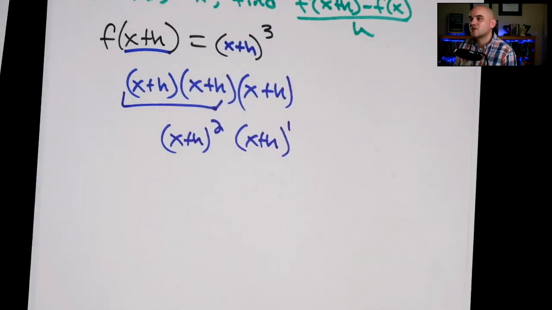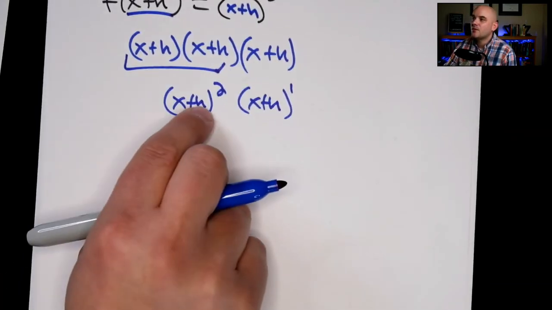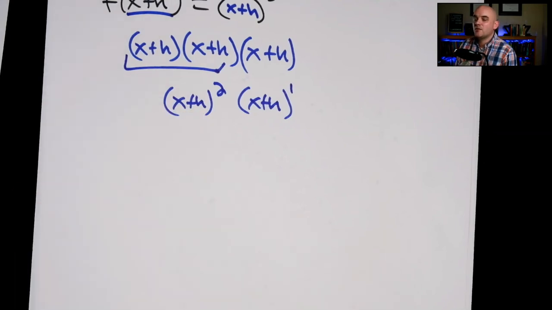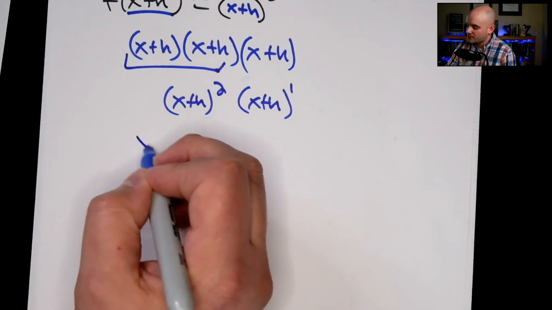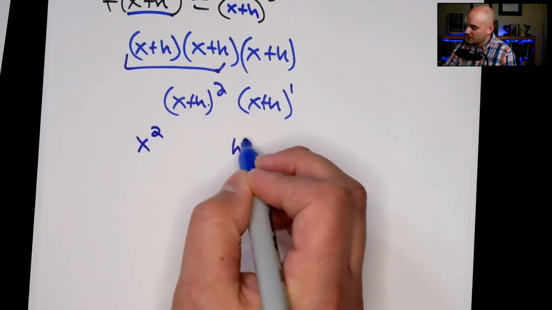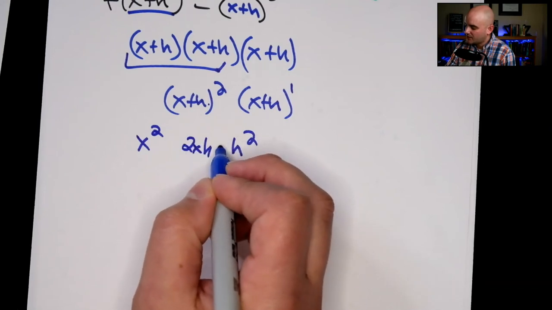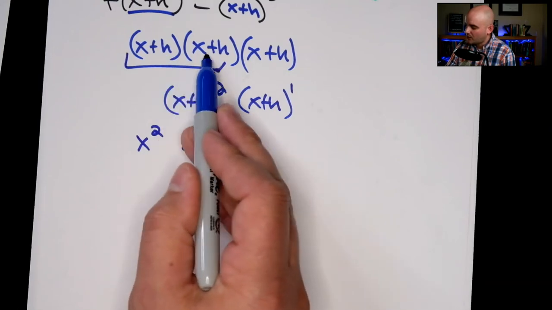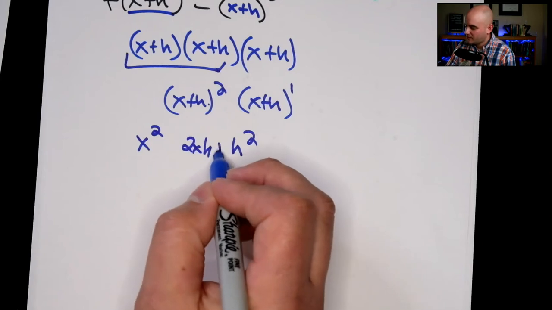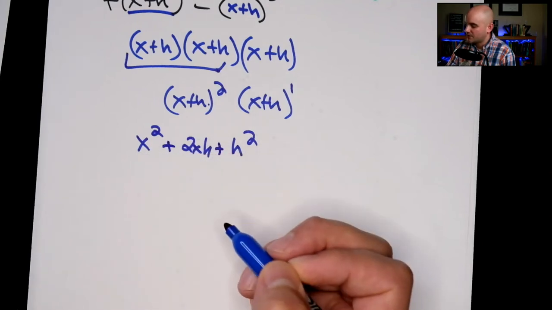It's the same thing, I'm just splitting it up. And the reason why I do that is because I do have that one memorized. It comes pretty often to us. So I'm going to square the first term, square the last term, multiply the 2 and double it, I get 2xh. Once again, you could just FOIL it out here up top, but you should have this memorized because we're going to see it a bunch this year.